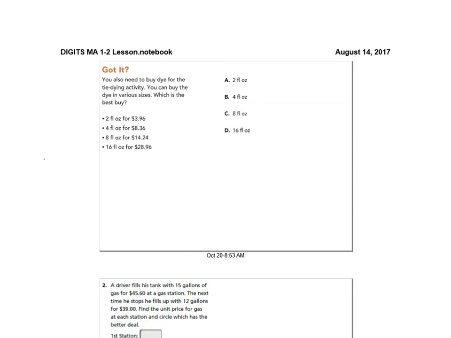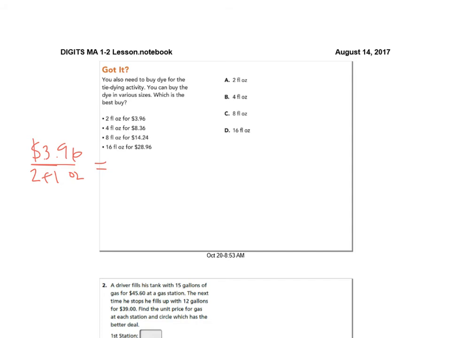The fluid ounces, even though it's stated first, is the item that we are buying, so that needs to be at the bottom of our fraction. So 2 fluid ounces for our price, which is $3.96. If you would like to use a calculator for this portion, I'll allow it.